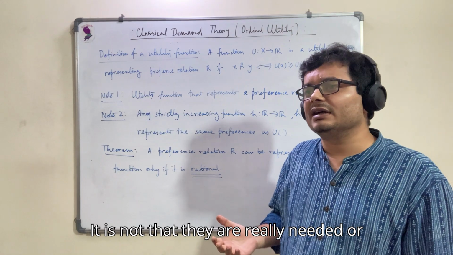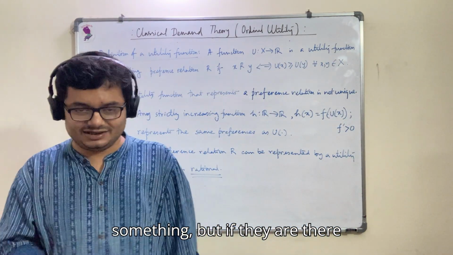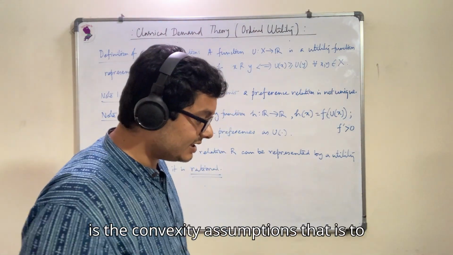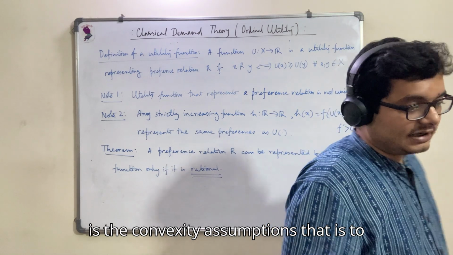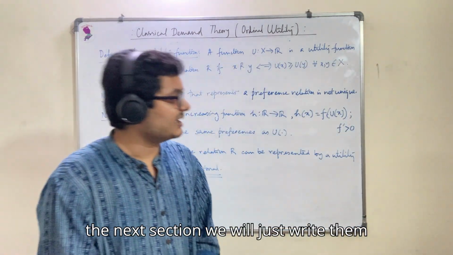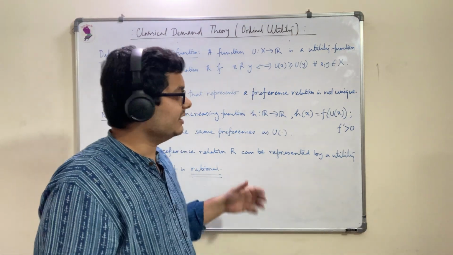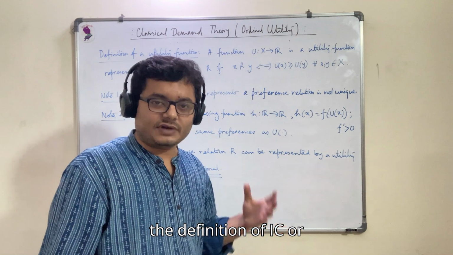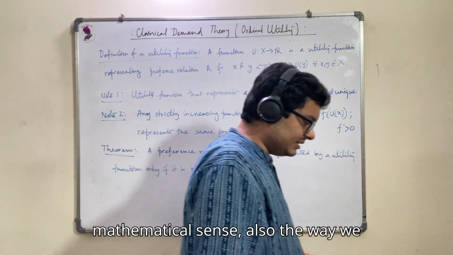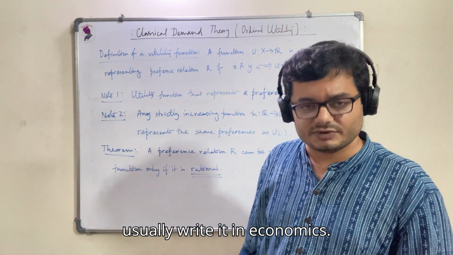It's not that they're really needed, but if they are there, then it's all the more good. And the second is the convexity assumptions, that is to make the IC convex to the origin. In the next section, we'll write them down and we will end the class with a definition of IC, or indifference curve, both in a mathematical sense and the way we usually write it in economics.